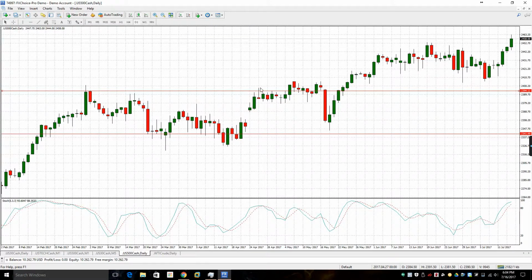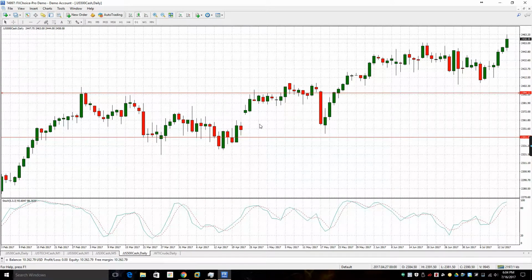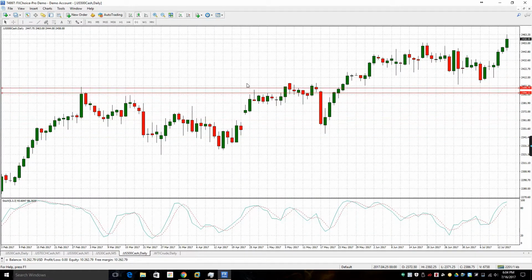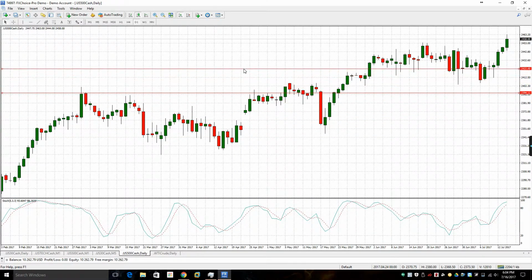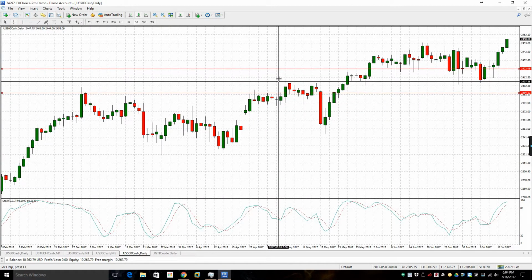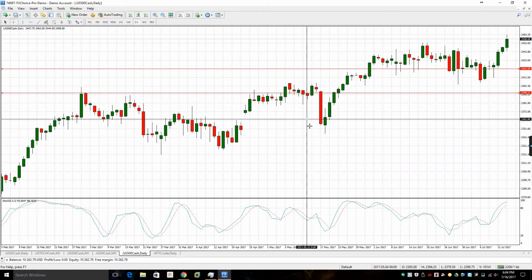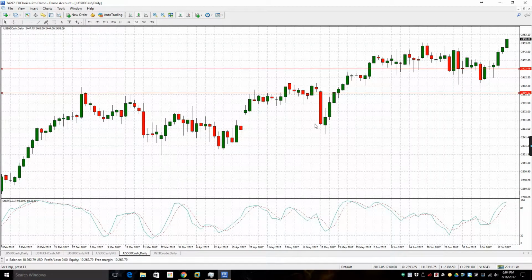But okay, so my entry is at this line here, and a normal stop loss would be like 10 ticks or pips, somewhere. But with a credit spread, once again, as long as price stays below this or in here, I'll make money. And that's called a credit spread.